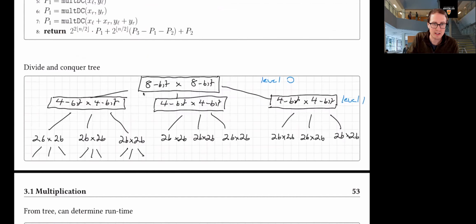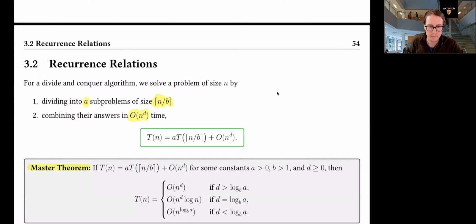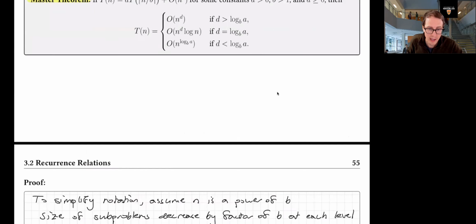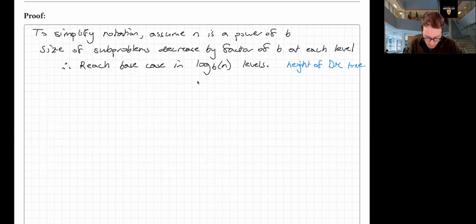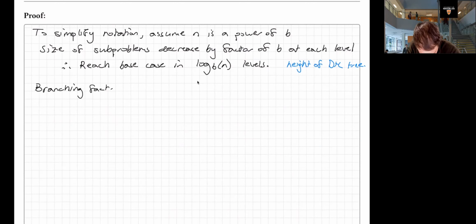And then the branching factor here is how many new subproblems does each one create? Here it was 3. In general, it's a when we have a recursion of this form. We get a problems of size n over b. And so the branching factor is a.